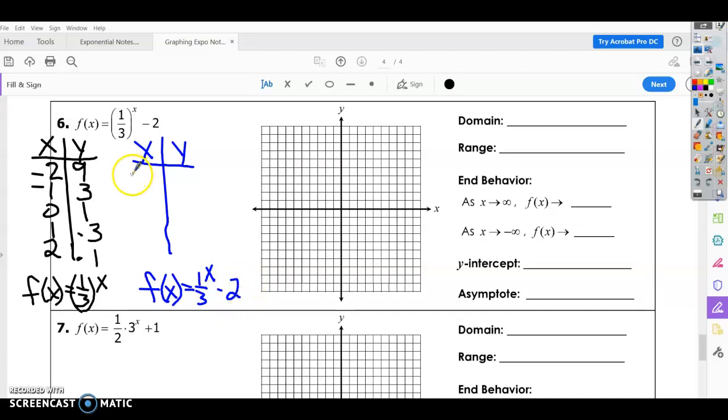So I'm going to keep my x's, -2, -1, 0, 1, and 2. All right, this time each y is going to shift down 2. So from 9, I go down 2, I'm at 7. From 3, I go down 2, I'm at 1. My y here is 1. I'm going to go down 2, puts me at -1.